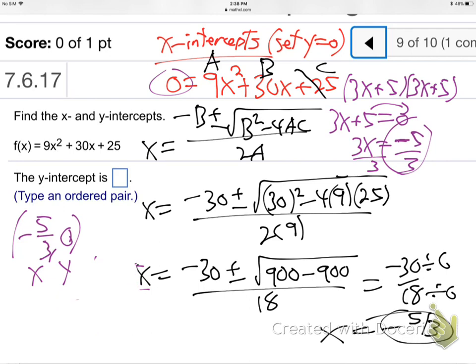At negative 5/3, 0, that must be the actual vertex, the center, right on that point. Yeah, that's right. Good job. So that can happen. Y-intercept, well, you're supposed to go 0, comma 25. Easy, right?